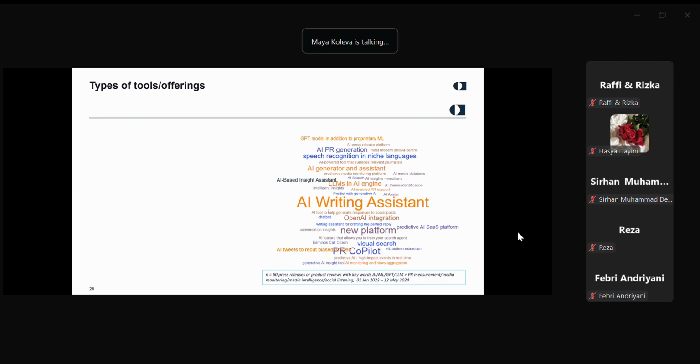On the market already, there are many different types of AI tools and offerings. This little word cloud is something I generated after analyzing over 60 press releases and product launches in PR measurement, media monitoring, media intelligence related fields. Our industry also includes PR technology providers, so platforms that, for instance, could not just analyze social media coverage or traditional news media, but could also be used to write up and distribute a press release.